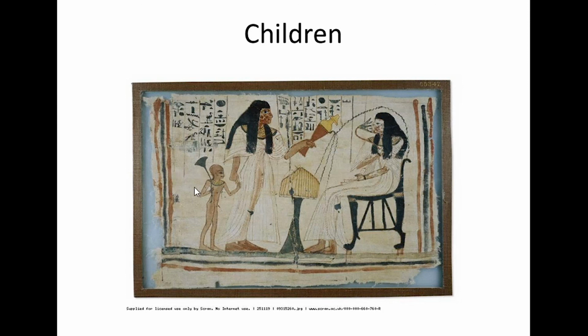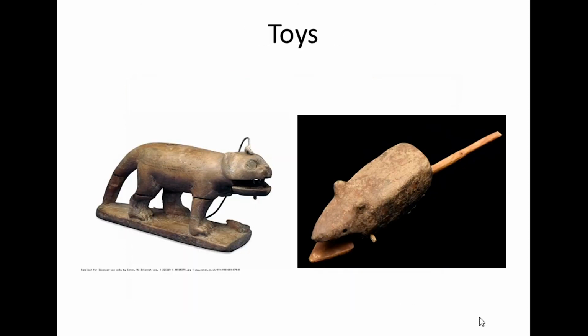Interestingly, one thing that isn't shown here, it's normal also, particularly with male children, that the child would have the so-called side lock of youth. So their head would be shaved, apart from a little pigtail which would come out the side of the head. And that child, certainly it's not portrayed in that picture, so that's also unusual. I don't have an explanation for that.